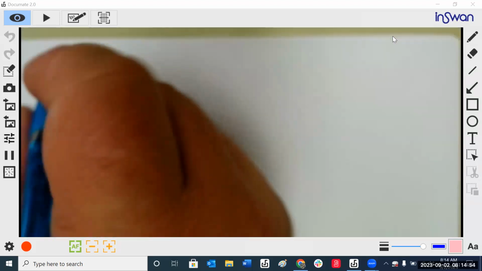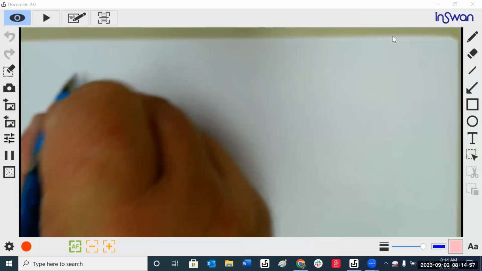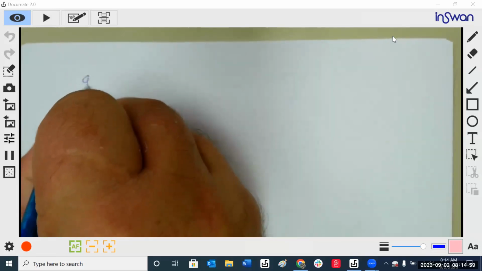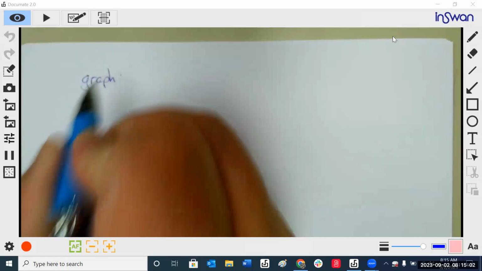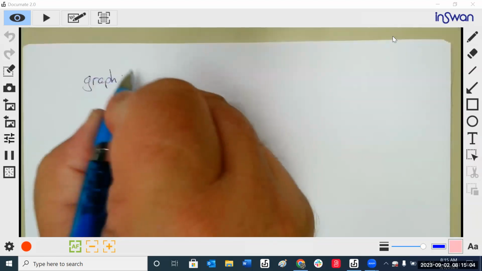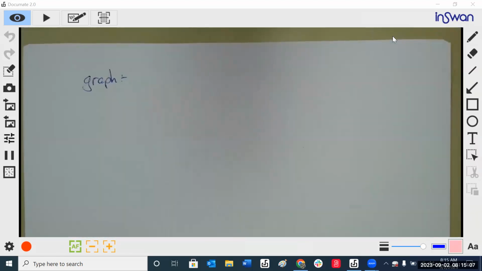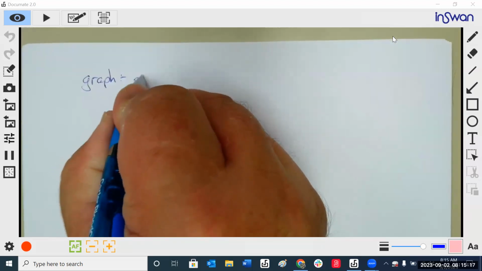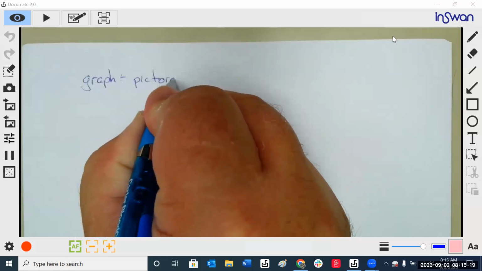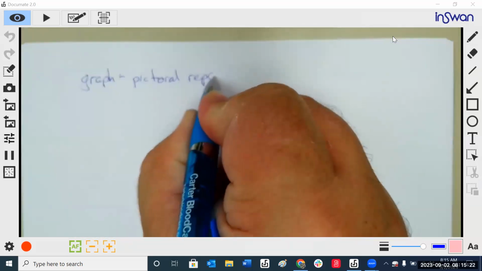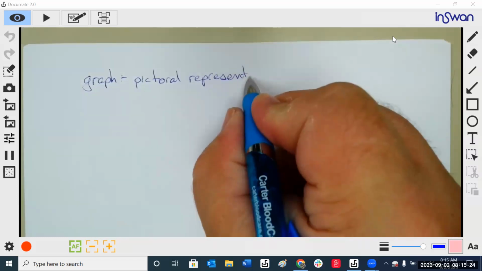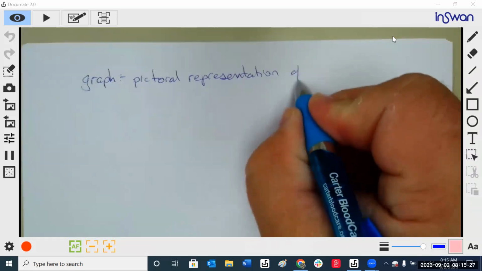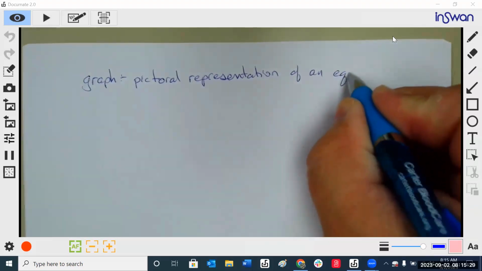Okay, let's go back to what we did last time. What is a graph? Bless you. Allergic to math. What is a graph? Yeah. Well, information. Pictorial representation of an equation.